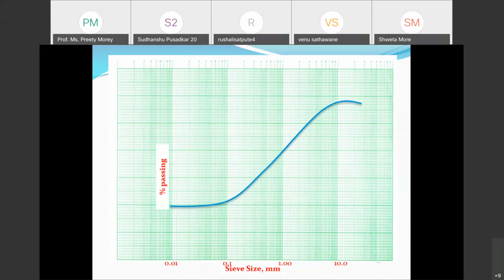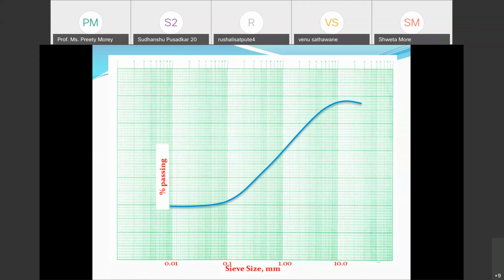Also, what should be the shape of those different types of soils? Now, this curve which I'm showing in one has grain size on the x-axis and percentage passing on the y-axis. This curve is a very smooth S curve, and it indicates that the soil used for plotting this curve contains all diameters of the particles.